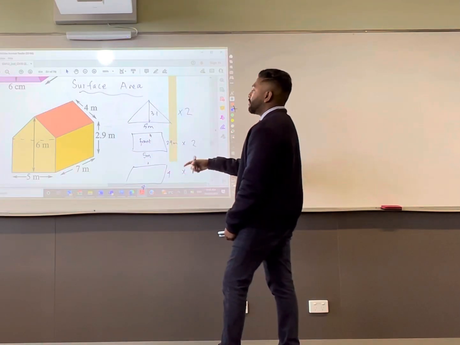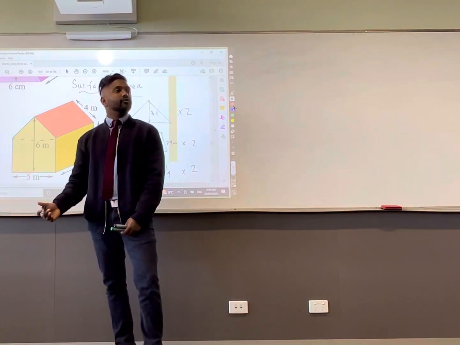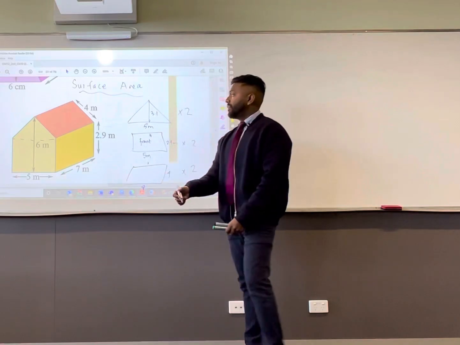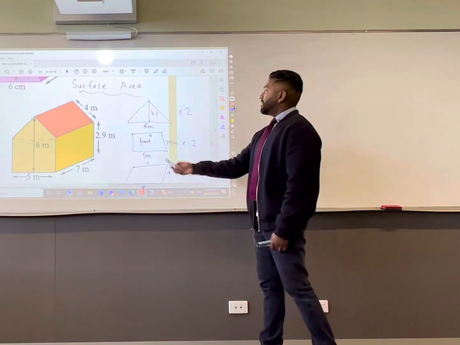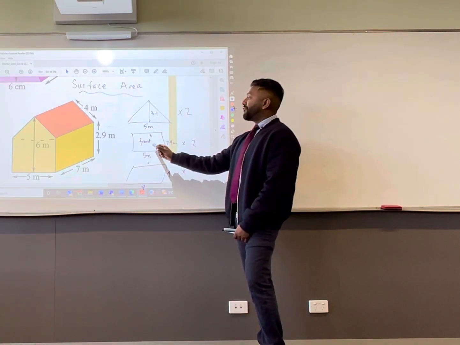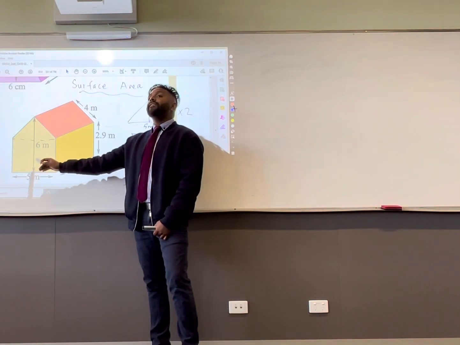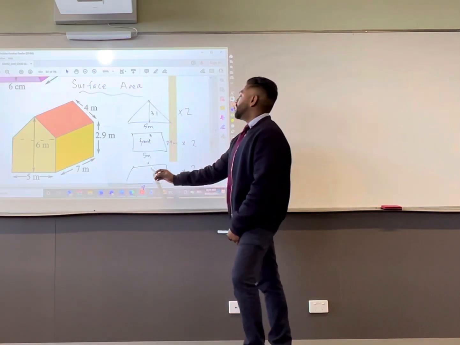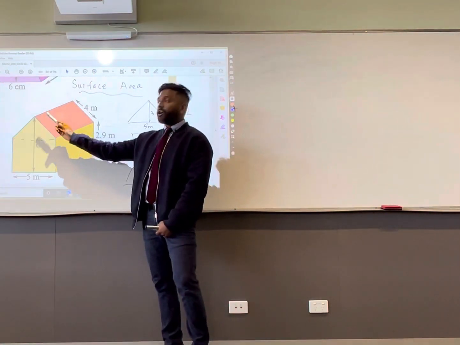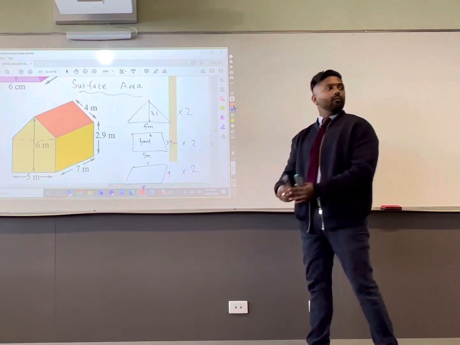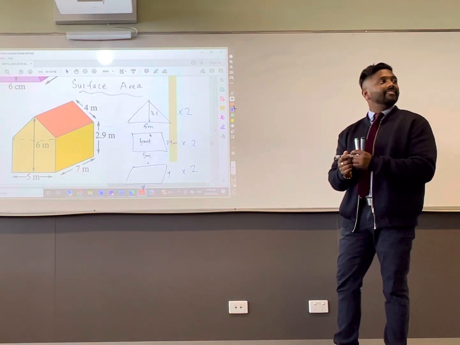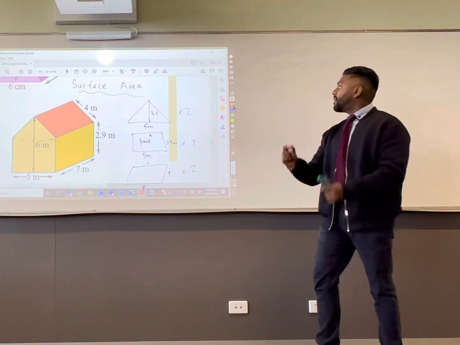So now we're going to do what else? What other surface do we need to include here, Romeo? We've done the triangle, the top. We've done the front of the house. We've done the side panels that are at the top, and we've multiplied it by 2. What other surfaces do we need to add? The sides, correct.